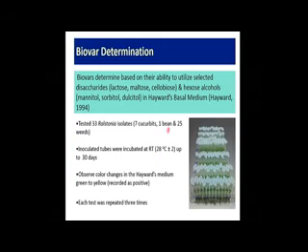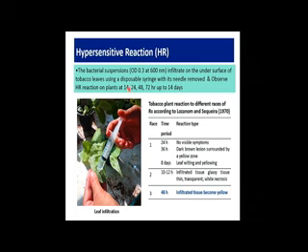Here we used 33 Ralstonia isolates and 25 weed isolates, observing colony characters on TZC medium and the change in Hayward's medium color from green to yellow. For the hypersensitive reaction, the bacterial suspension was infiltrated on the underside of the leaf and compared with the recorded data for race identification.